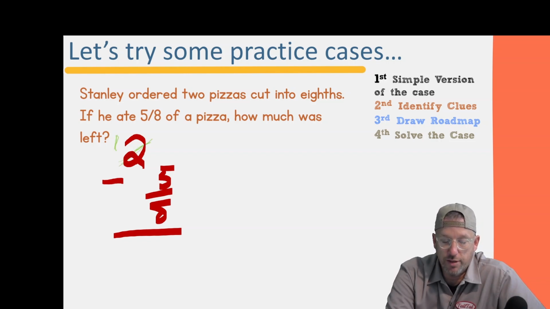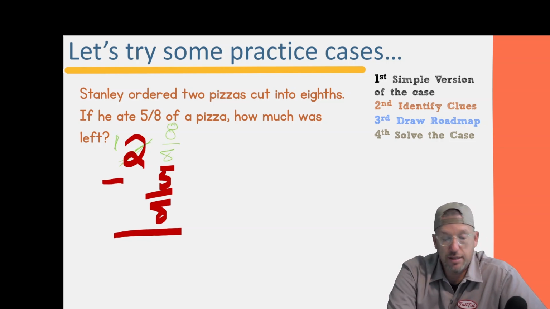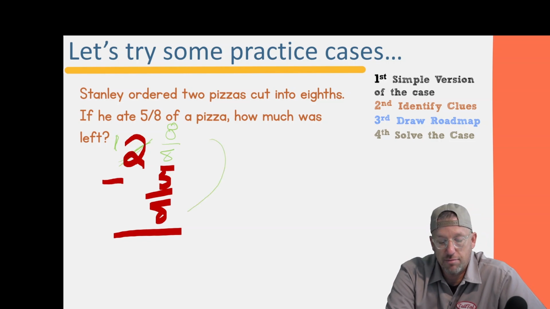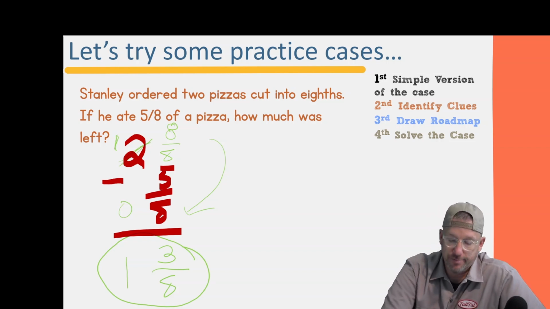So that becomes 1. And if we got rid of a whole, and we're talking about pizza that are cut into eighths, what we really got rid of is 8/8. Okay, 8/8. So now we have 8/8 minus 5/8. Well, that gives us 3/8. Okay, and now we have 1 minus 0, which gives us 1. So there is still 1 3/8 of a pizza left over.